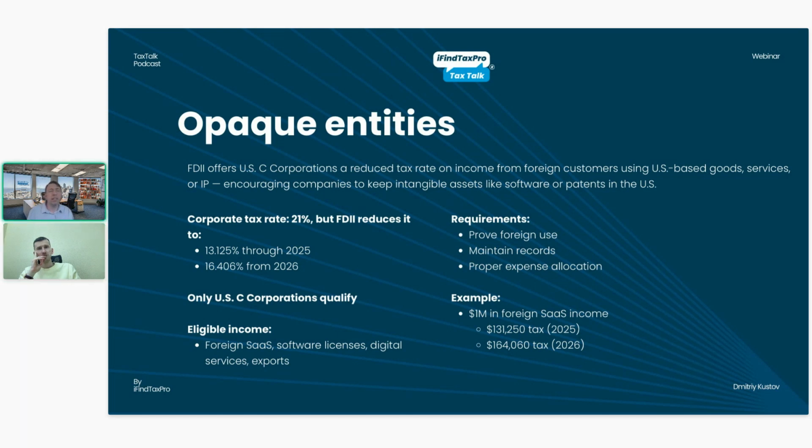Let me clarify this. For instance, the CEO or director lives in Spain, and he operates a U.S.-based C corp, and he sells his application all over the world. How is it going to be treated there?